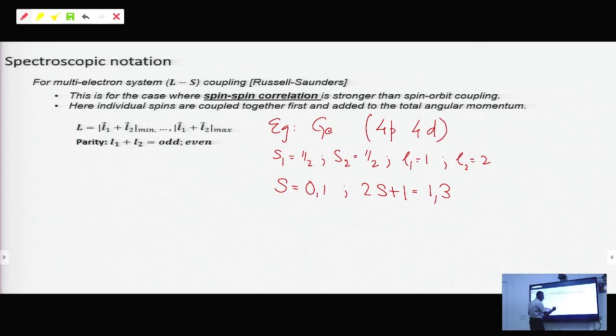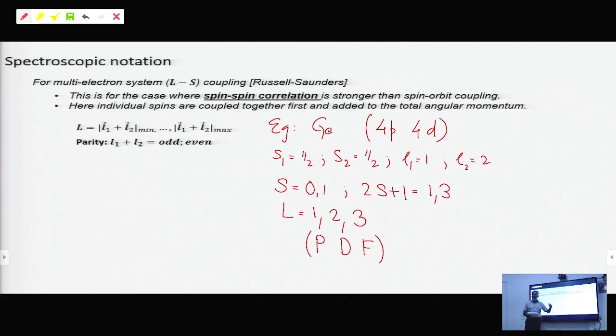Now, L. It takes the values 1, 2, and 3, which correspond to P, D, F. This is important because the spectroscopic notation is represented by the L value.